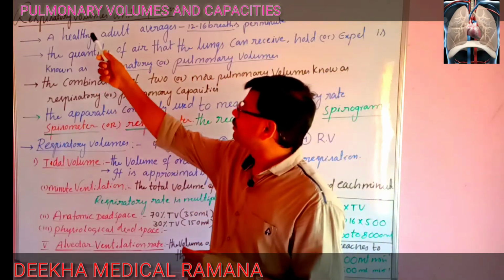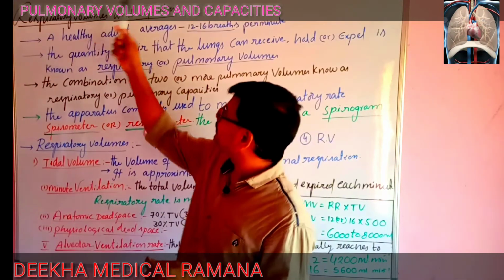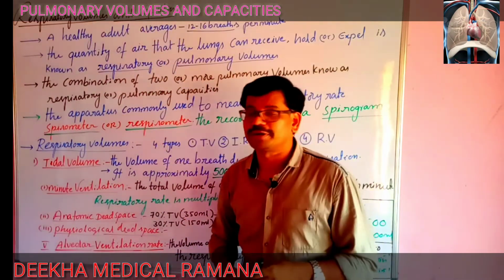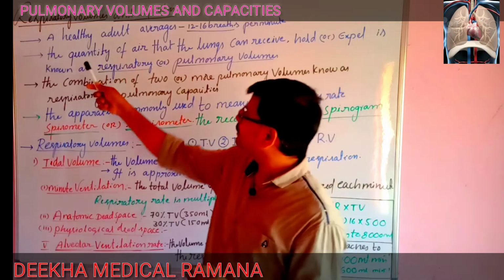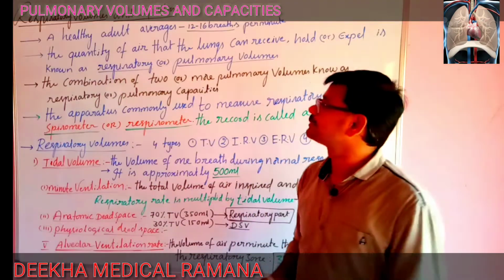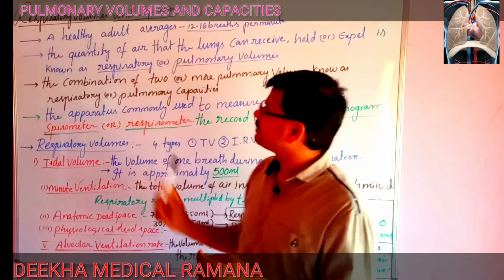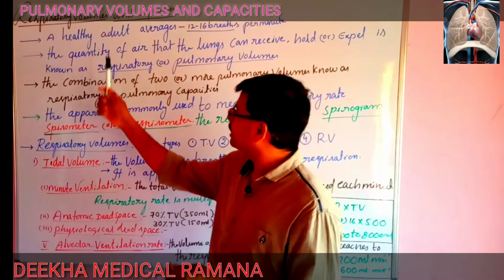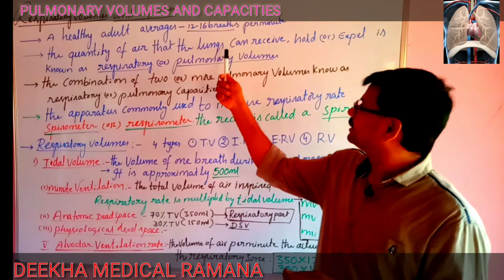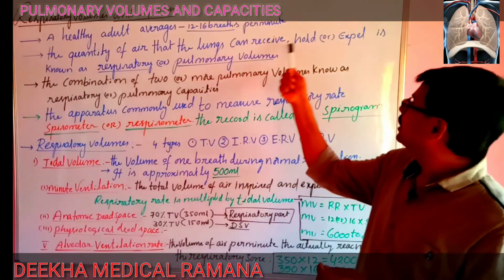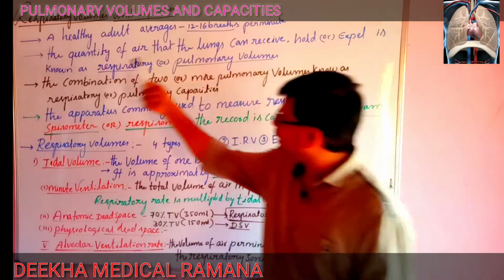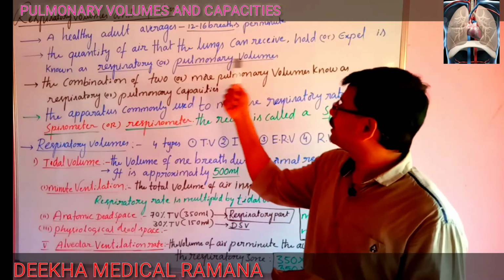Next, what is the definition of respiratory volume and of respiratory capacities? If you understand the definition, then you can understand them. Respiratory volume is the quantity of air that the lungs can receive, hold or expel, known as respiratory or pulmonary volume.